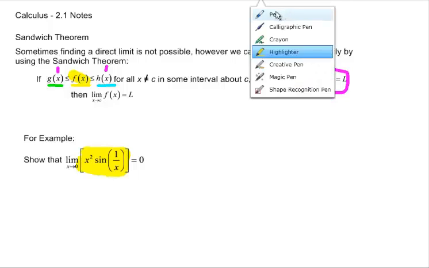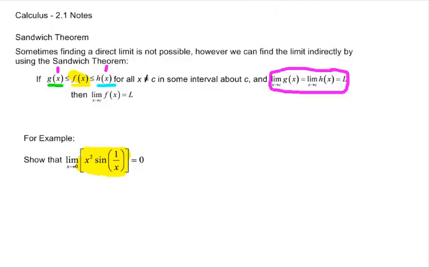Now, think about what you know about the sine. The sine will never ever be larger than 1 or less than -1. So for this particular problem, we can look at the x squared part. Let's look at negative x squared for the g of x part, and let's look at positive x squared for the h part.